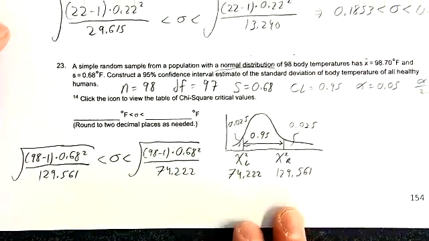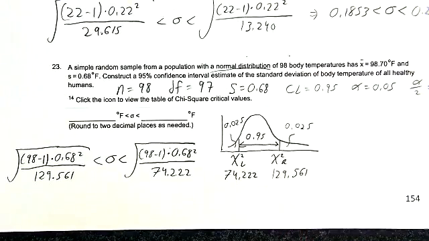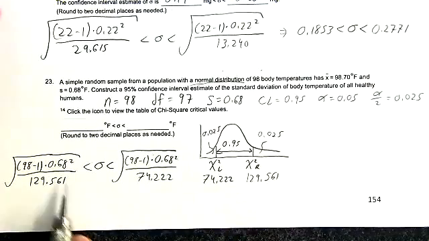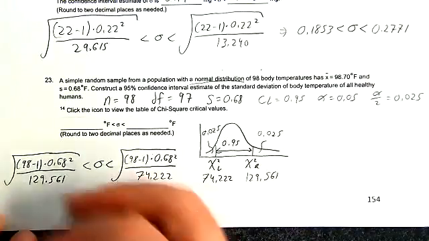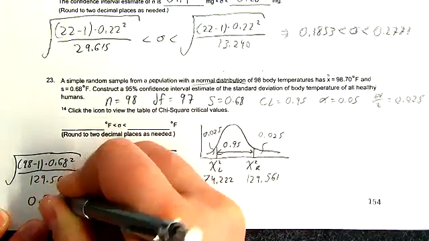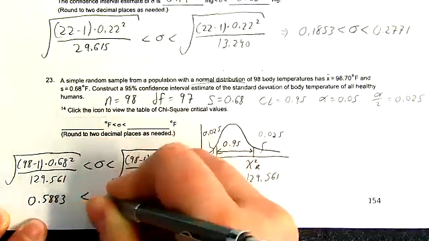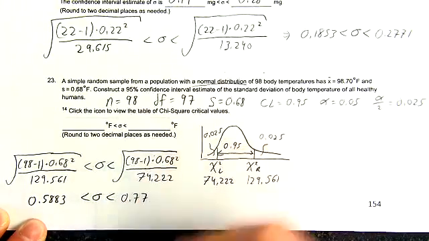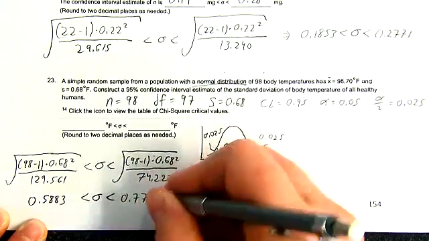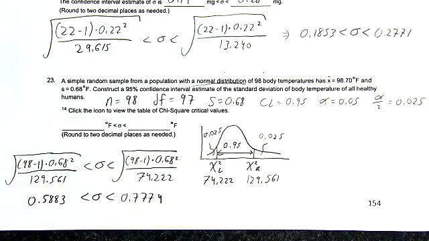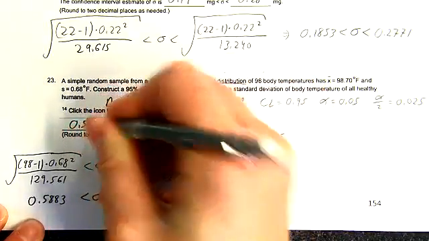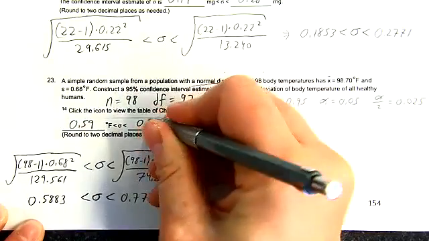And again, if you're careful when you do this in your calculator, you should get that the left side becomes 0.5883, and the right side is 0.7774. Rounded to 2 decimal places, we would say 0.59 and 0.78.